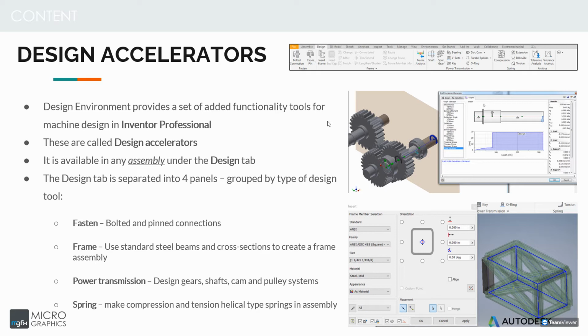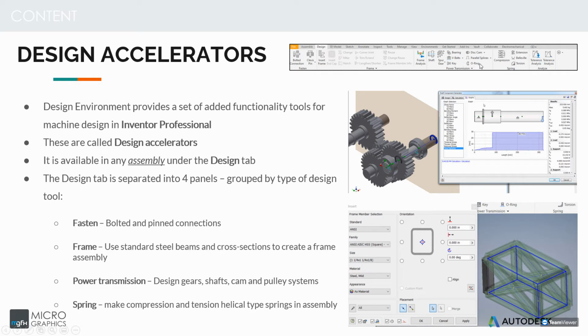The design tab you'll find is separated into 4 panels. If you look at the top of our image there, I've given you a preview of what it's going to look like in the design tab. You'll see that it's separated into fasten, where you've got bolts and clevis pins. You've got frame, known as frame generator, where you can use a rough sketch of what you want and insert standard beams and tubes.